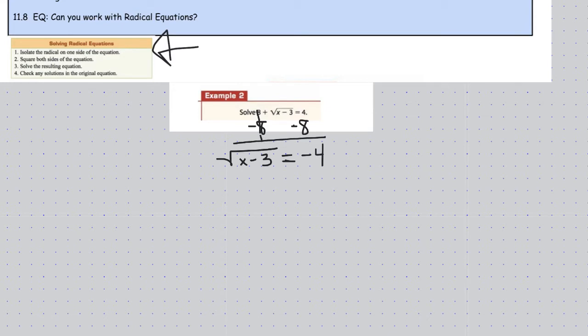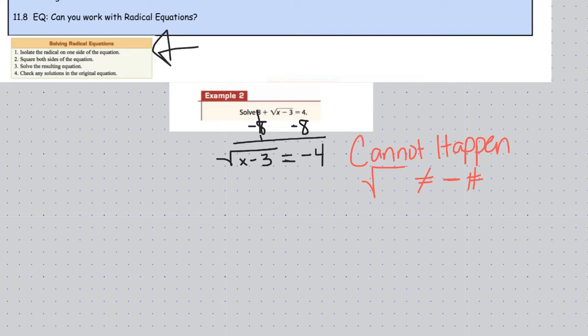That's not the definition of a square root. So this cannot happen. A root cannot equal a negative number. Now I'm going to go ahead and solve it to show you why that can't happen.